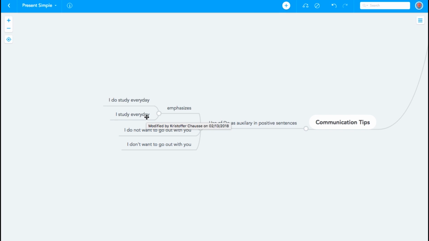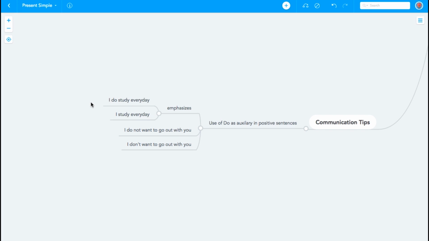Now, this would be a repetitive action that is relevant to the moment, and this one has no emphasis. But if I want to emphasize my message, I add my auxiliary between the subject and the verb. This lets the person receiving the message understand that you are emphasizing the message.